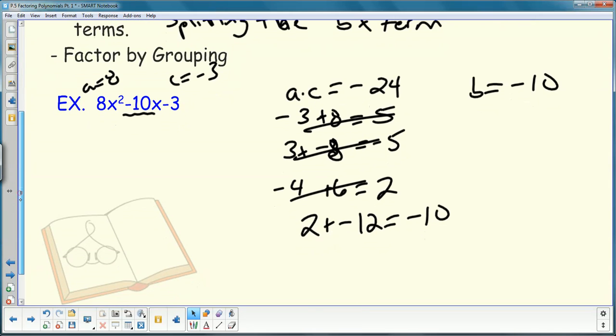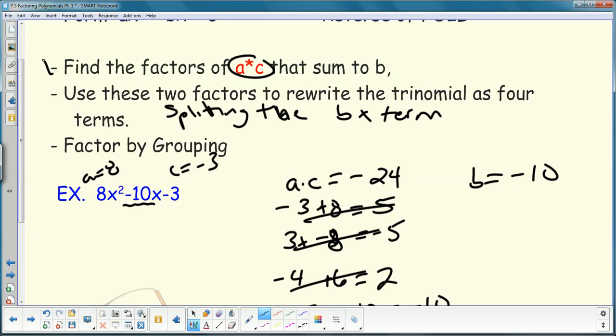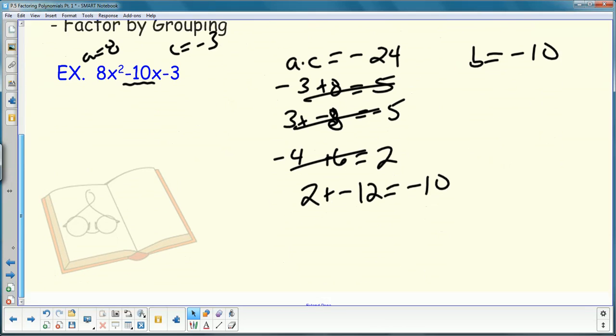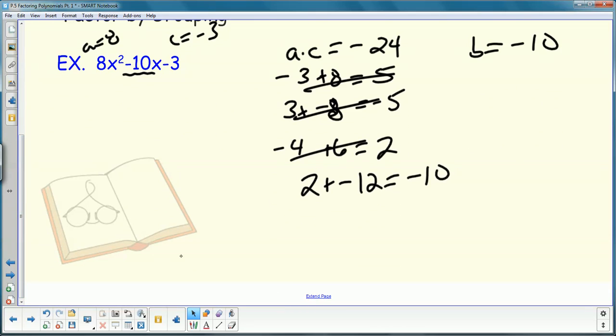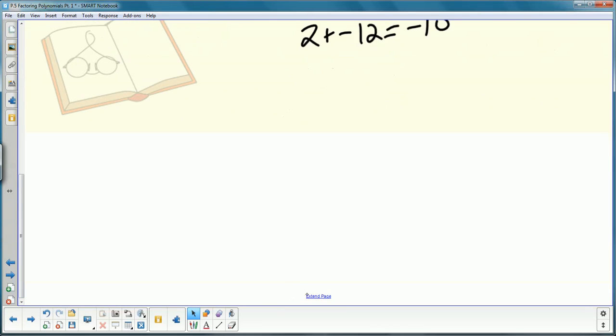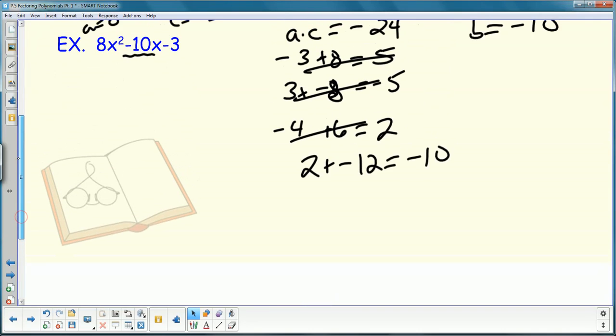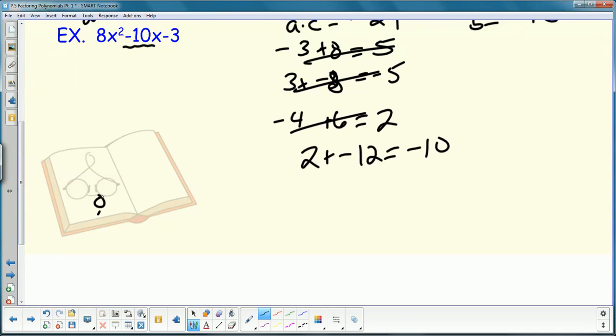So we found this first step, right? Find the factors of AC that sum to B. Use these 2 factors to rewrite the trinomial as 4 terms. And like I said, we're splitting the bx term. So we're going to take that trinomial, 8x squared minus 10x minus 3, and this middle term, based on these 2 factors, is how we're going to rewrite it.